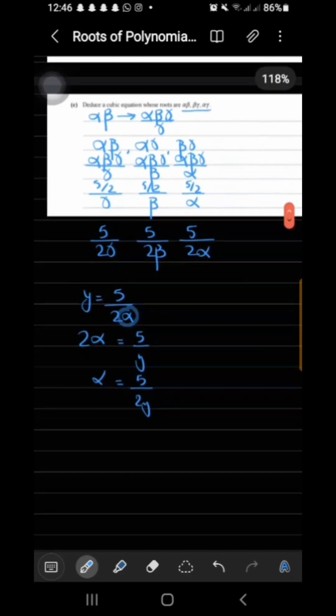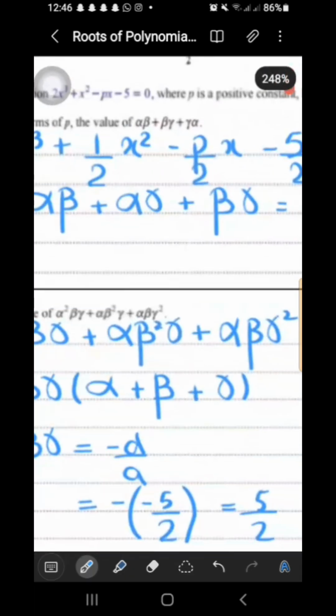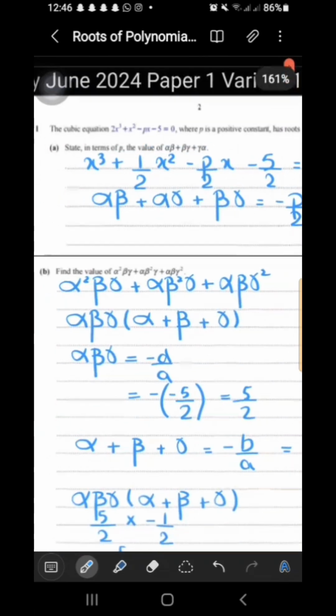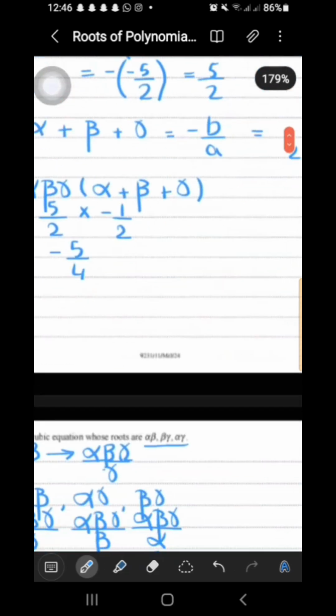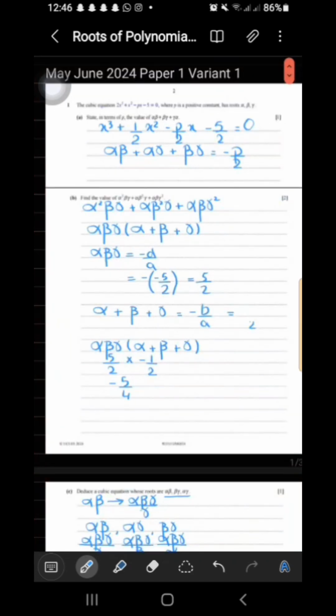Now we can insert this into the given equation, which was given in the question: 2x cubed plus x square minus px minus 5 is equal to 0. We can insert this instead of x, because the root of the equation is alpha. In reality, for that equation, the root is alpha.